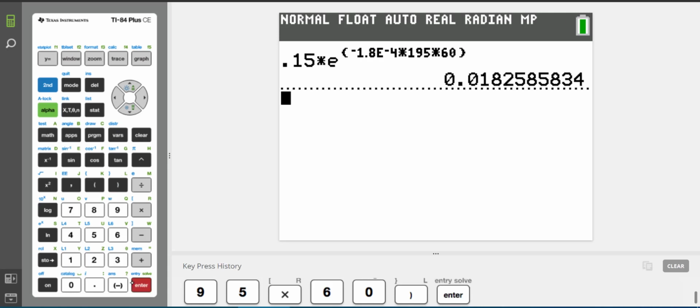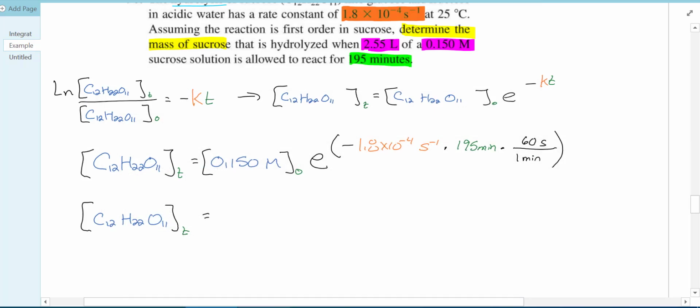I should get 0.018 molar. And sig fig wise, I get to have just 2 because of K. So 0.018 molar. Okay. Is that my answer?